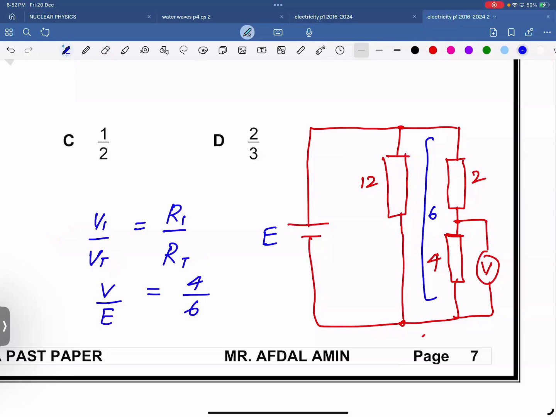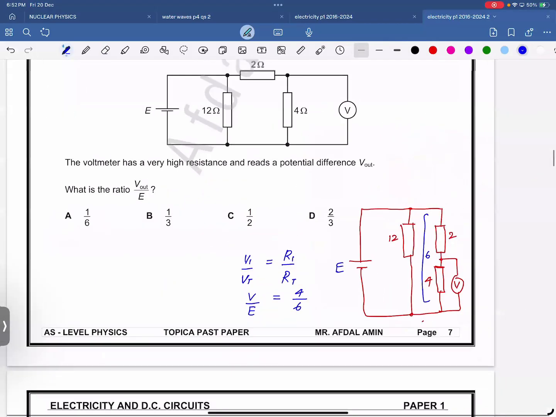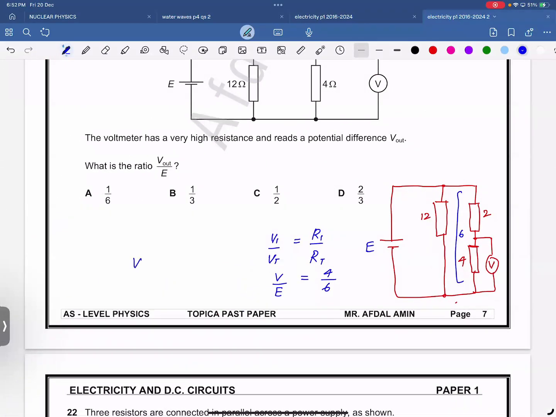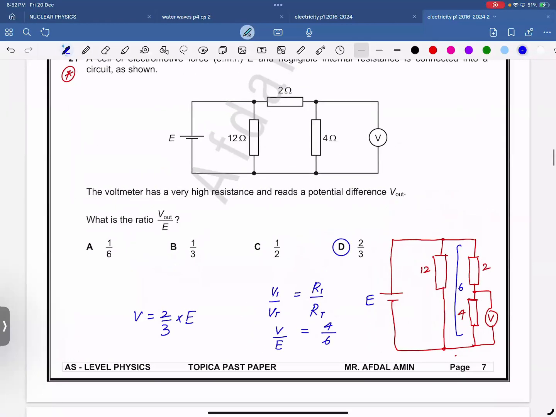Let's solve it. What do you want? V out. So V will be 2 over 3 into EMF. The option is 2 over 3, D. Don't make it complicated, my dear. We did not consider the 12 at all. The 12 is already parallel, so it is already getting the full EMF.